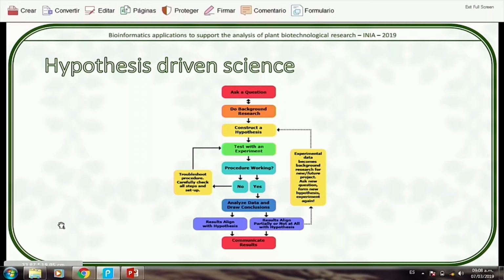As we were saying before, every time we test with an experiment, and this is the nice part about constructing a hypothesis, that it needs to be testable, we don't know if the procedure will work. Maybe we've seen it work in a different plant or in a different project, but for our plant, unfortunately, it doesn't work. A typical example, at least from my experience, is potato.